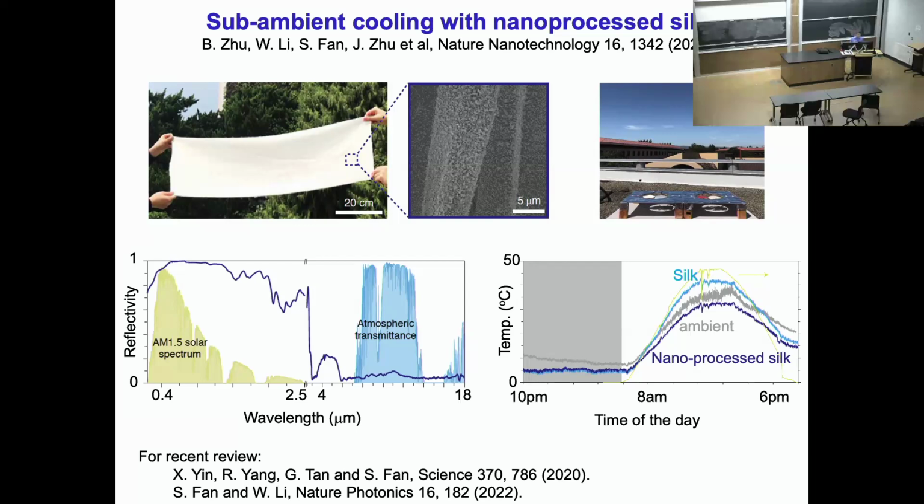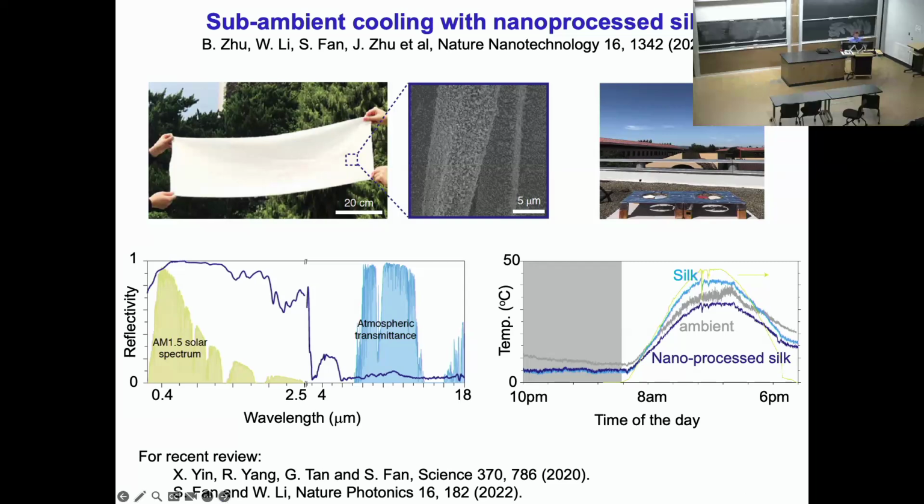So what we did is we take natural silk, and then we attach zinc oxide nanoparticles to the fibers in the silk. When we do that, we can actually enhance the reflectivity just a little bit. This, in combination with the thermal radiation from the silk, will allow you to do sub-ambient cooling.